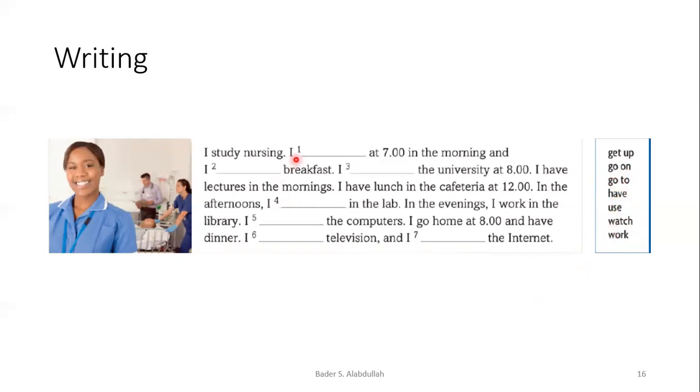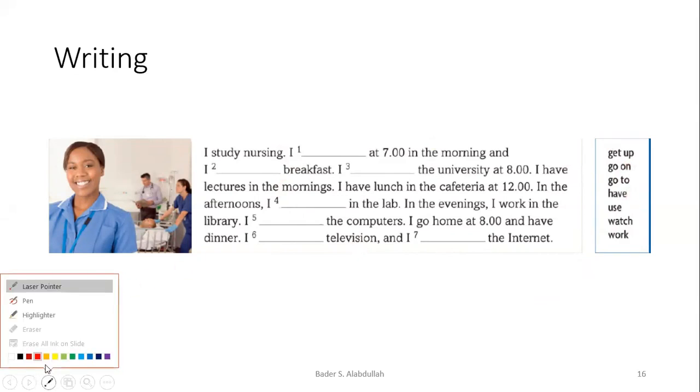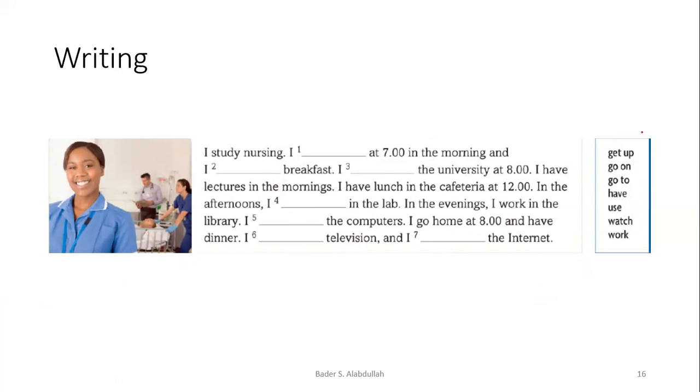Obviously it is I get up at 7. You see, at 7 in the morning, and I have breakfast. All right.